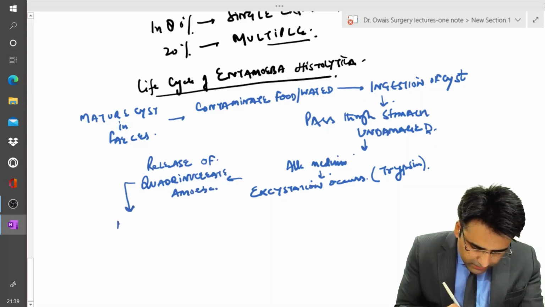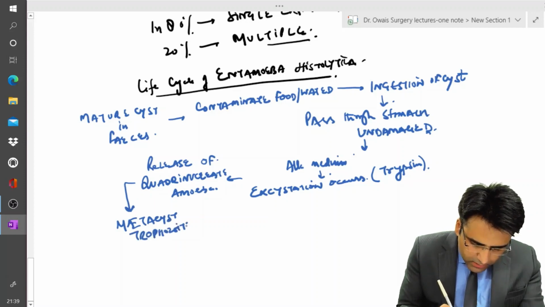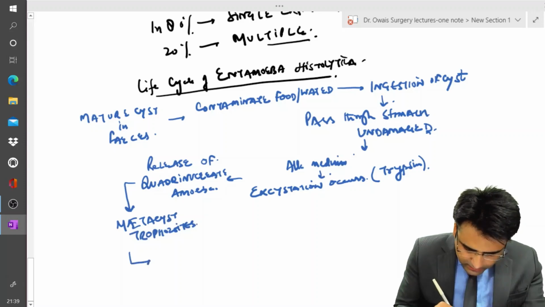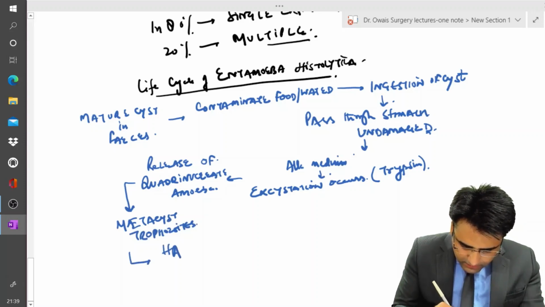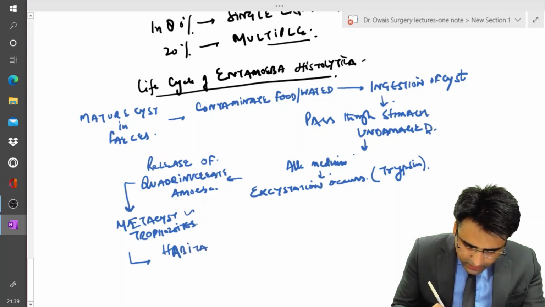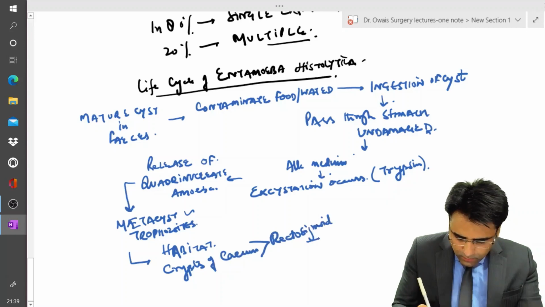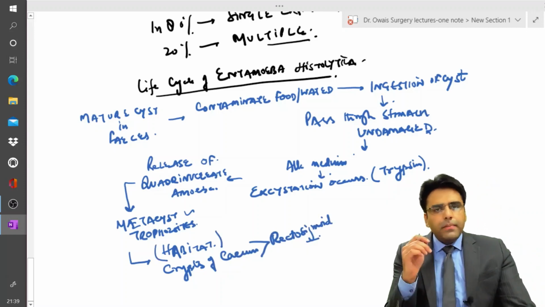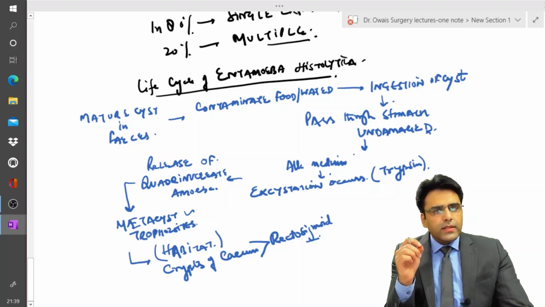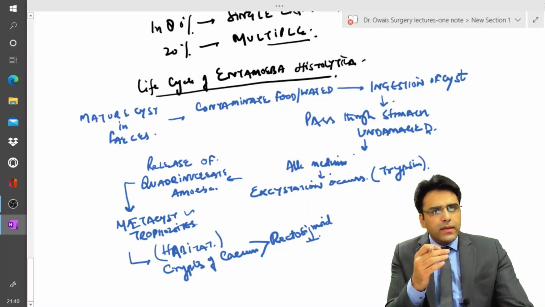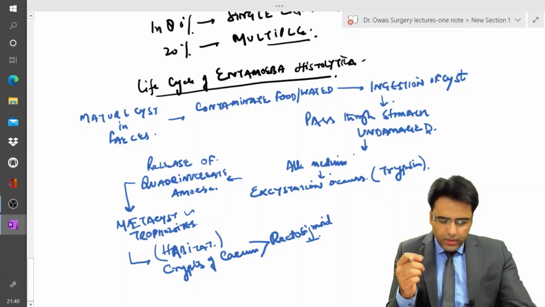And after this, the metacystic trophozoites are formed. The habitat of these metacystic trophozoites is in the crypts of the cecum on the right side, followed by the rectosigmoid area on the left side.